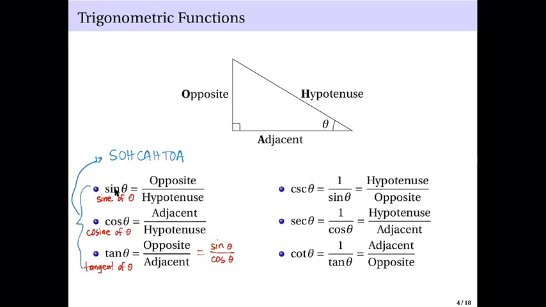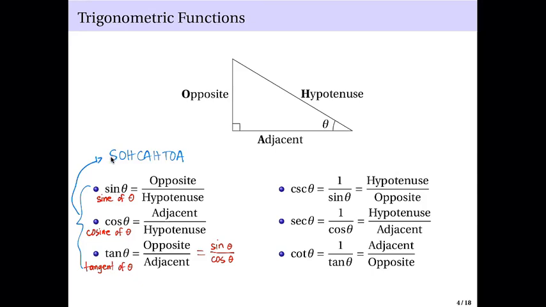Okay? So the three values here, sine theta, cosine theta, and tangent theta, they are known as Sohcahtoa. This is a famous name. And why is this important, at least for students? This gives mnemonics.